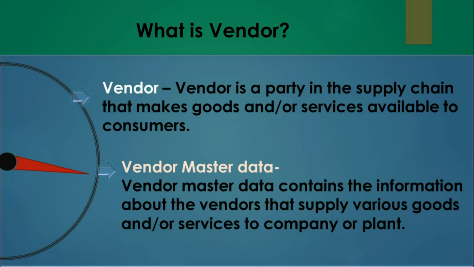So data that is maintained in vendor master is like vendor details like address, currency, organization, its address, contact information. Then in financial terms, like in which accounts his debit and credit will happen. So that sort of information is maintained in vendor.